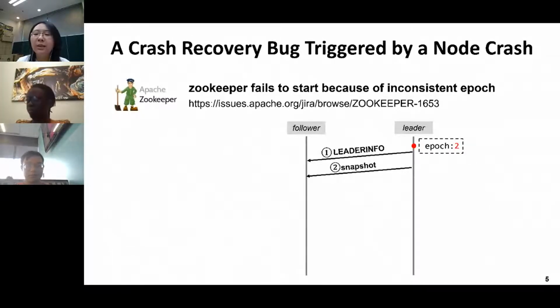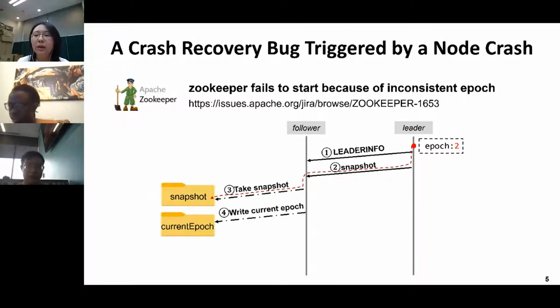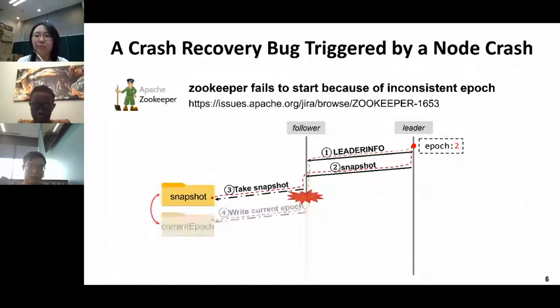During the leader-follower synchronization process, the current epoch value 2 on the leader side is first persisted to the snapshot file through I/O operation 3. That epoch value is stored to the current epoch file through another I/O operation, operation 4. Here, operation 3 and operation 4 store the common data, the epoch on the leader side, to two different local files.